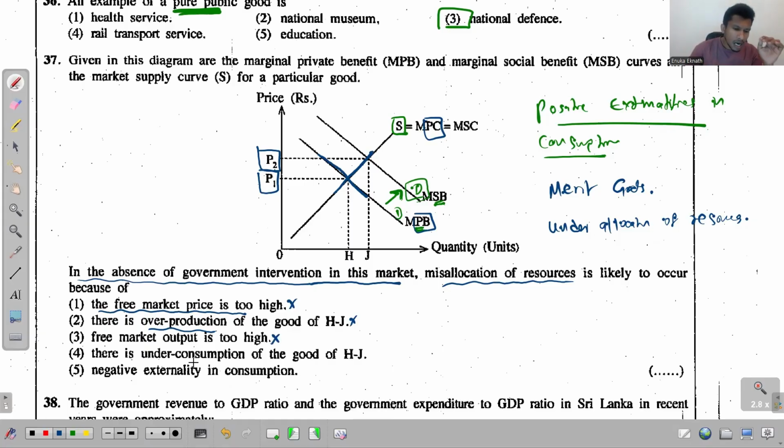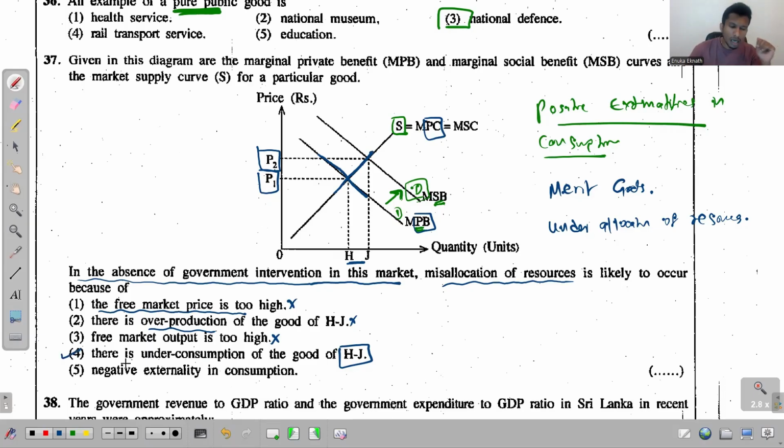Fourth one, there is under consumption of the good H2J. Now there is under allocation of resources, under supply, so that the consumption will also be lower than the desired level, because this is the desired level of the consumption or the production, but this is the market allocation, so that we have under allocation or under production, or we have under consumption of such goods.